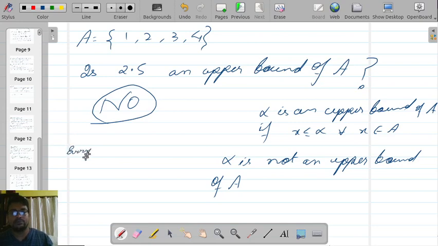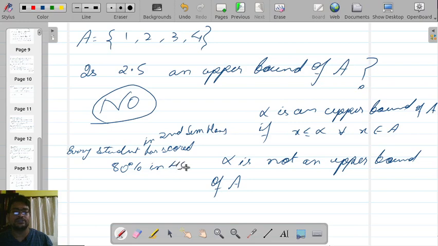Say I give you a simpler example. Every student in second sem maths honors has scored 80% in, say, HS.